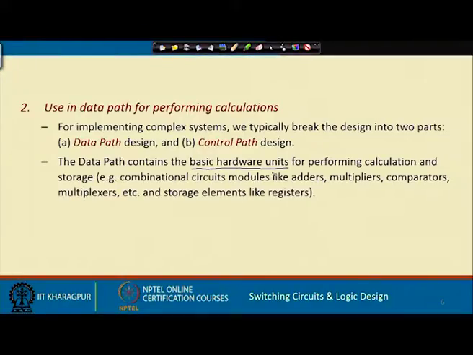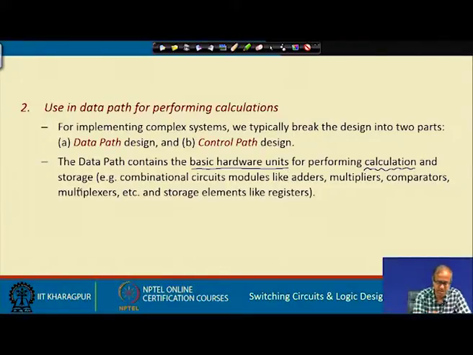These are the kind of hardware you will be requiring to carry out step by step calculation for computing GCD. This will constitute the data path of the design, right. So, it will contain the basic hardware units required for carrying out calculation and also storage. Some examples are mentioned here: combinational circuit modules like adders, multipliers, subtractors, comparators, multiplexers, and storage elements like flip flops and registers.